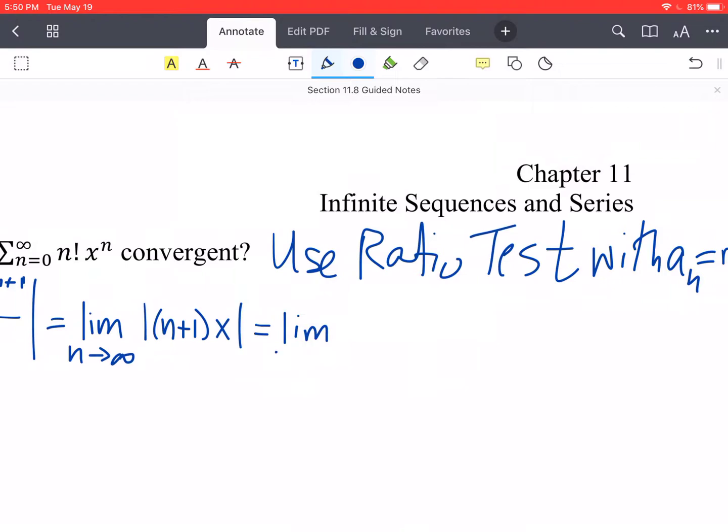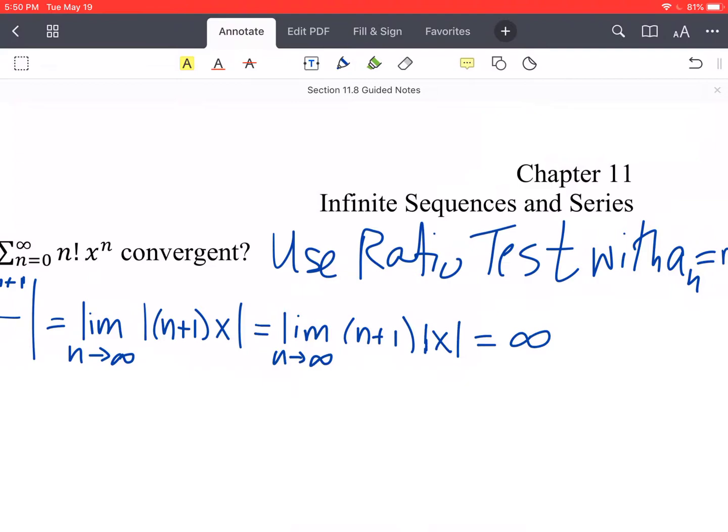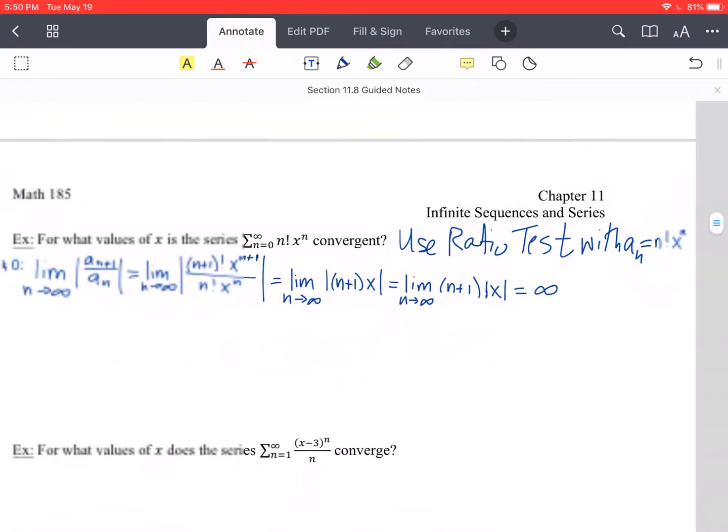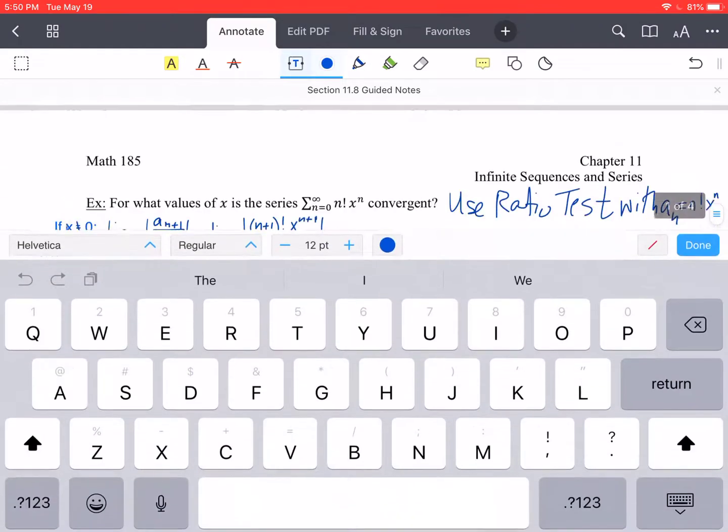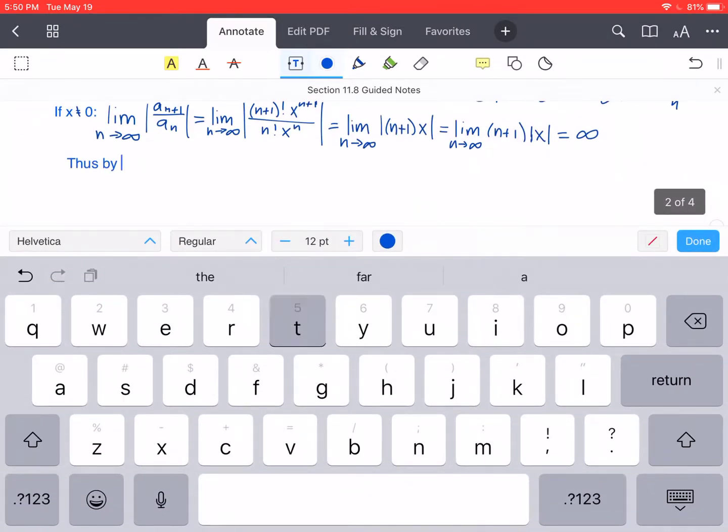So we have the limit as n approaches infinity of n plus 1 times the absolute value of x, but x varies, so we need to keep it inside the absolute value. As n goes towards infinity, that goes to infinity as well, because n plus 1 heads towards infinity. Thus, by the ratio test, the series diverges.